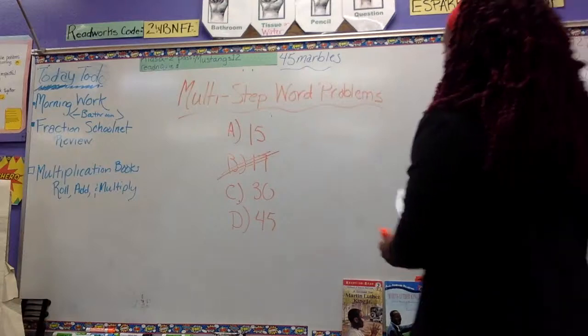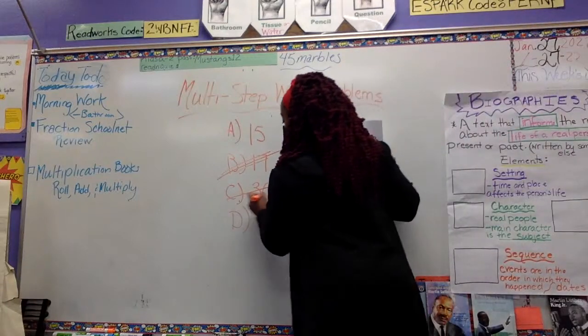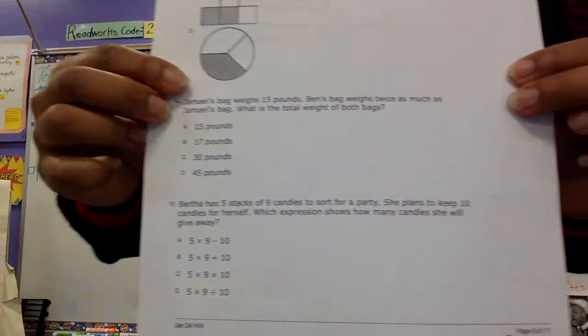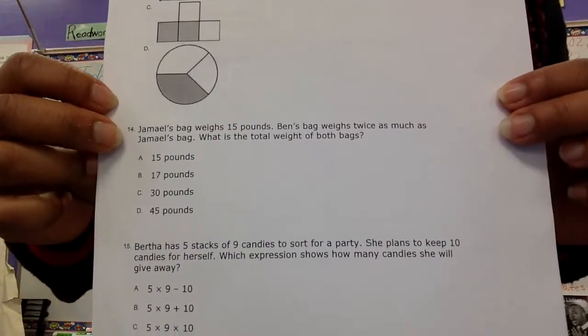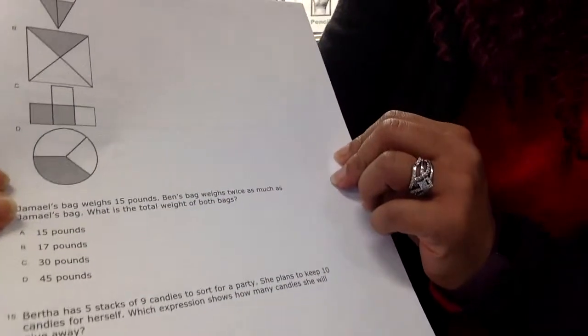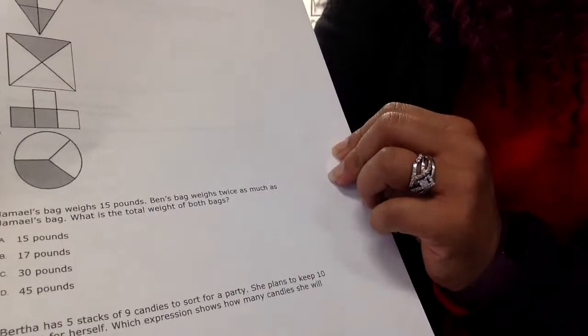All right, here's what we missed. Let me put this up on the screen. The final question said Ben's bag weighs twice as much as Jamal's bag. What is the total number of both bags? What I missed, and what many of you do, I did the same thing.